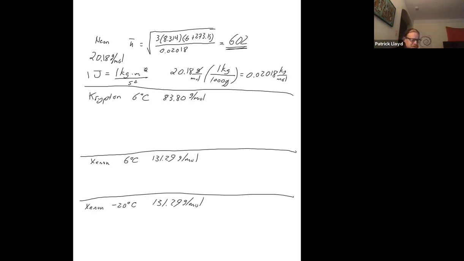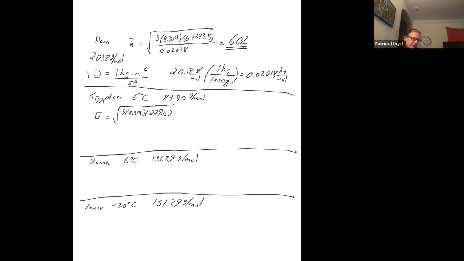Okay, so let's try the krypton. Again, the average velocity of these gas molecules would be the square root of 3RT. So 3 times 8.314. Now the temperature again is 6 degrees, so that's 293.15. I'm sorry, 279.15.